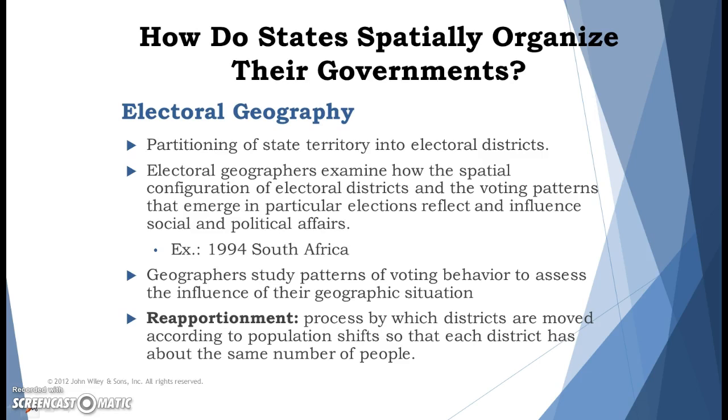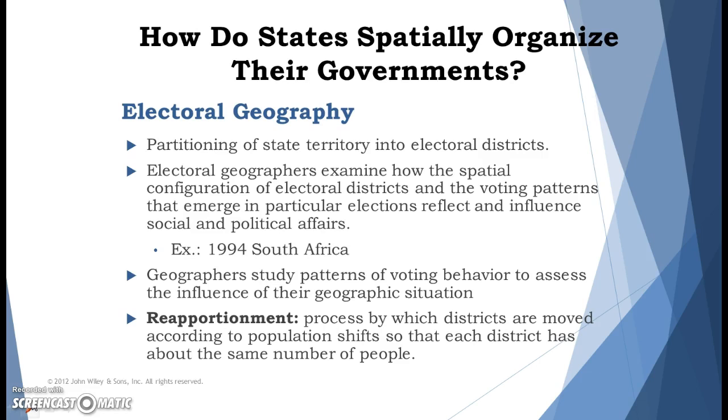We could talk about partitioning the country territory into electoral districts for the Senate, and those Senate seats are 2 per state, so then the state becomes the electoral district, right? And electoral geographers work examining how the spatial configuration of electoral districts and voting patterns can then influence the outcome of elections and ultimately social and political affairs.